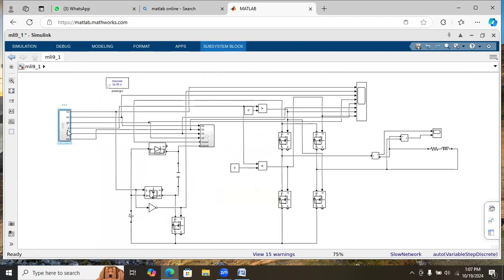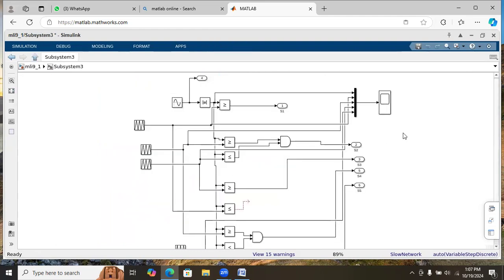Here in this, the pulses are generated. A sine wave is converted into a unipolar modulation waveform, and that will be compared with the high frequency carrier waveforms.